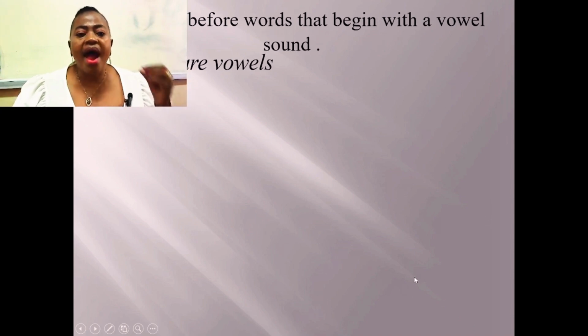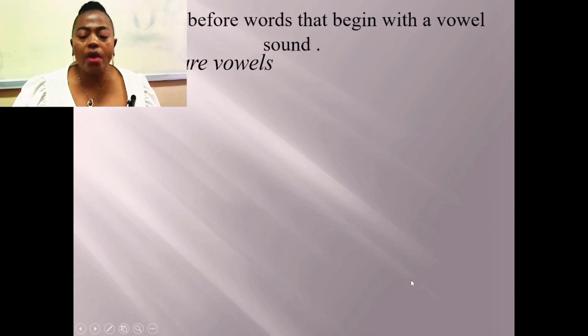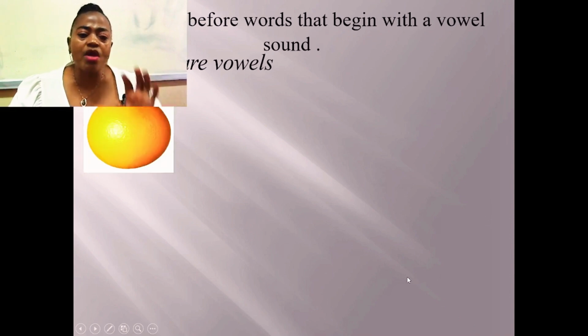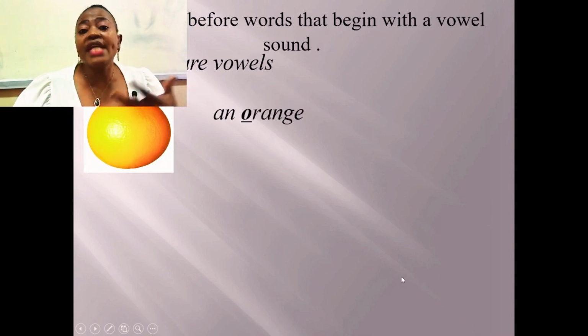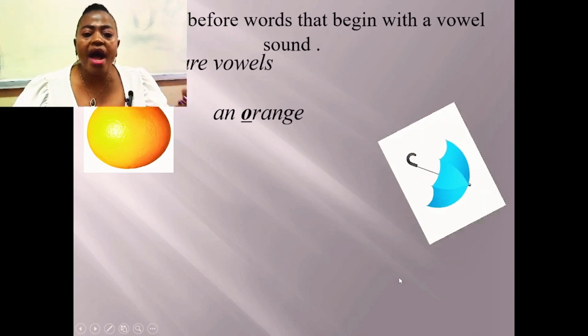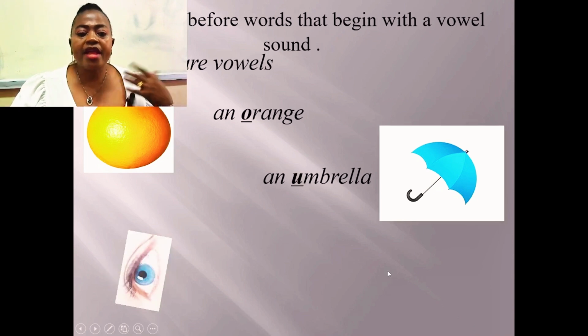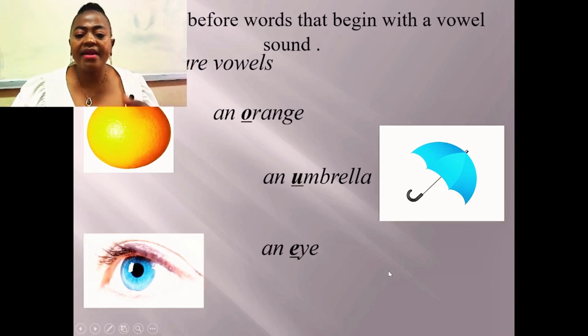The vowel letters are A, E, I, O, U, but the vowel sounds are A, E, I, O. Any word that begins with a vowel sound, you use AN and not A. You use the article AN and not A. For example, you have an orange, an umbrella, and you also have an eye.